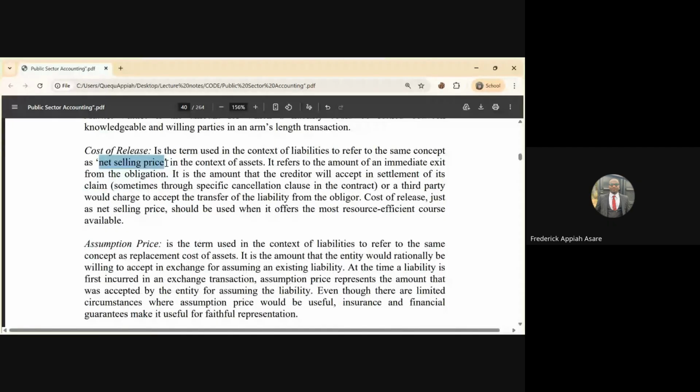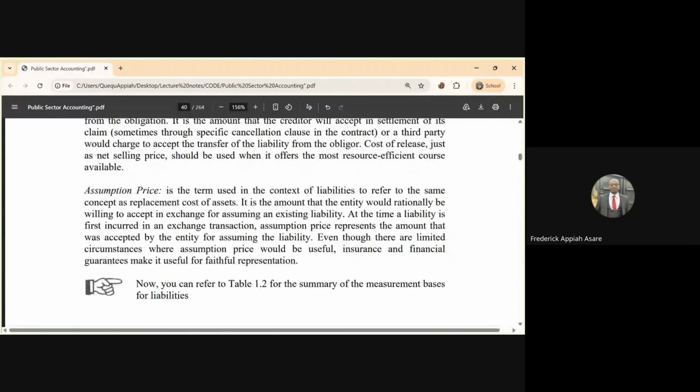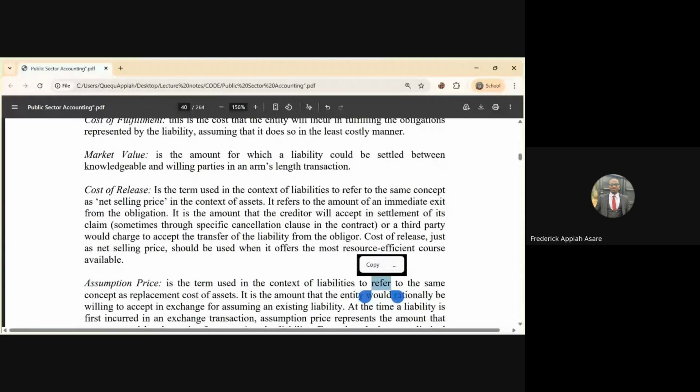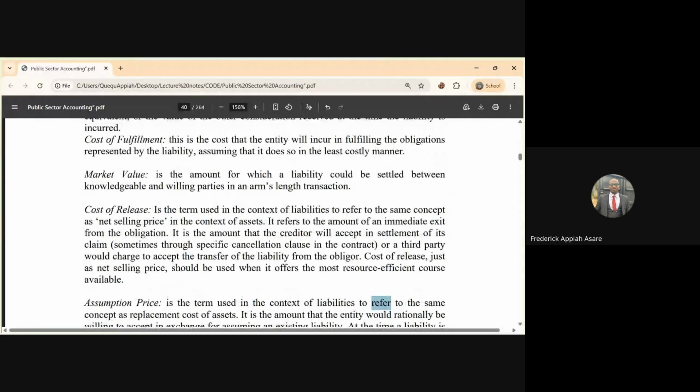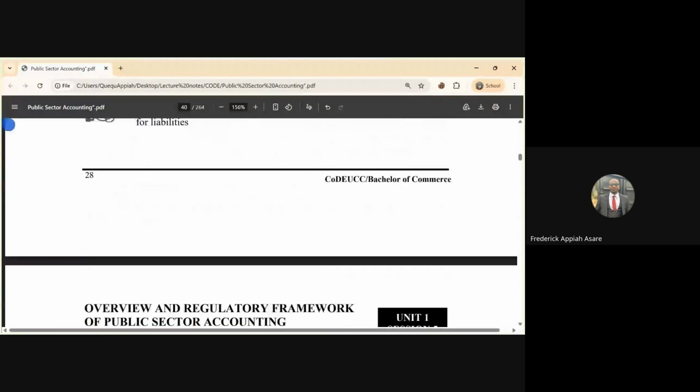The assumption price is also the same concept as the replacement cost in the assets. So the assumption cost is the replacement cost in assets. Cost of release is the net selling price in the assets. Market value and cost of fulfillment. So basically, this is what you need to know under the public sector accounting.